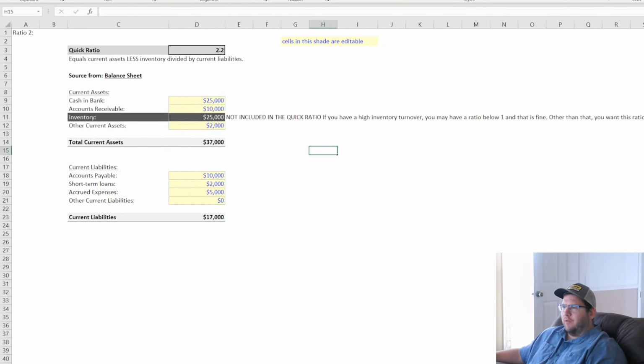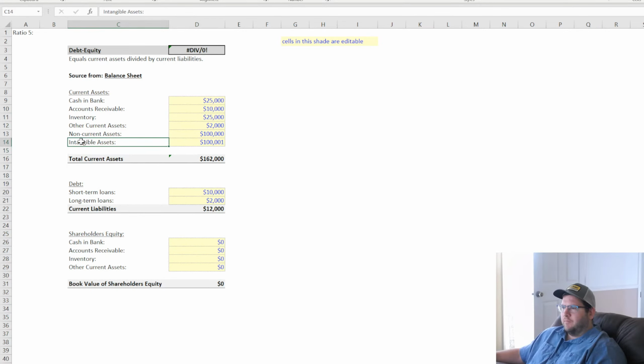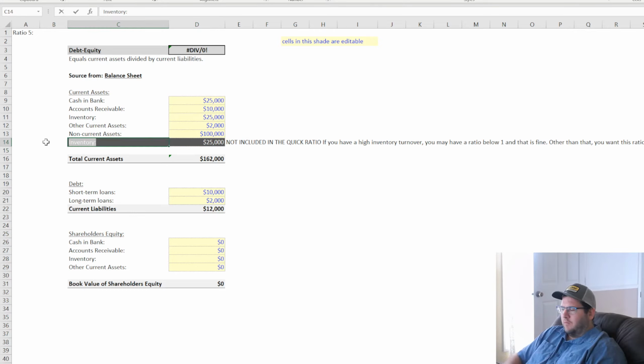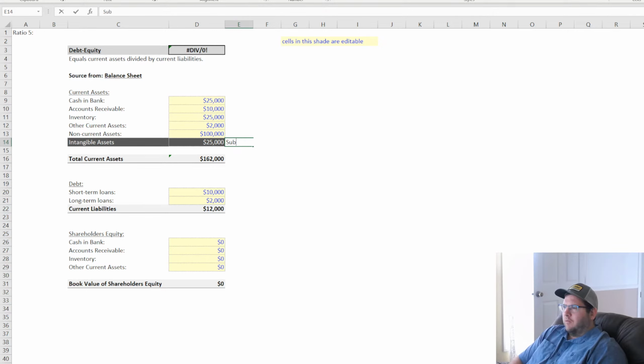Now, how did I do it over here? I just did a gray. Yeah, I just did this. Intangible asset not included in, no. Subtracted from assets before dividing by, before, because we know we want total assets.